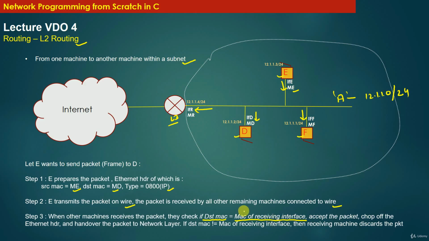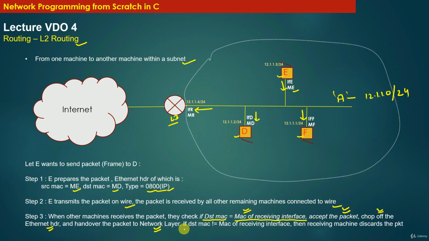If this condition is satisfied, then the machine accepts the packet. Accepting the packet means it chops off the Ethernet header and hands over the remaining packet to the network layer. Why does it hand over the packet to the network layer? Because the type field in the Ethernet header is 0800.